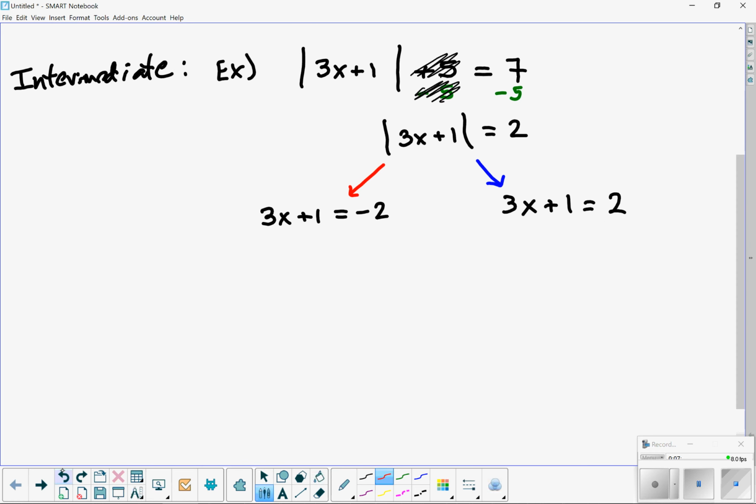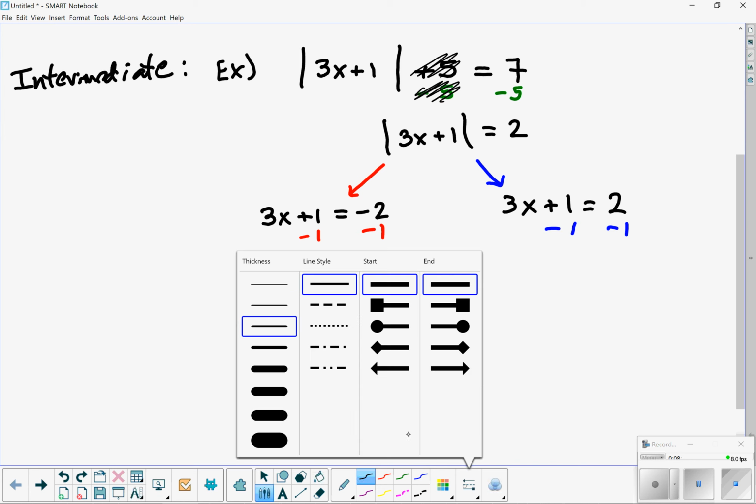Just like I showed you earlier, you can solve each of them separately, or you can do them at the same time. Like this one, I'm going to show you that I can do them both at the same time. For example, I'm going to try to get rid of that plus 1, so it's going to be -1, -1. And over here, I can do the same thing, -1, -1, because I'm doing the same inverse operation.